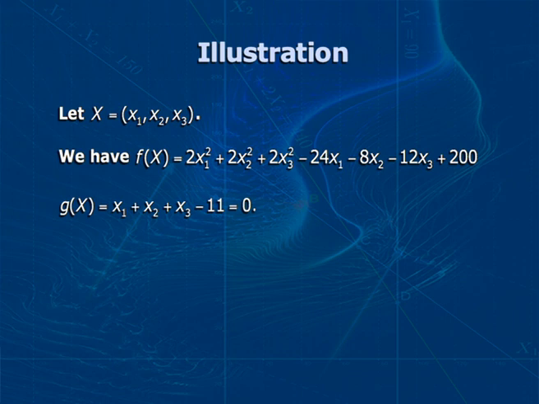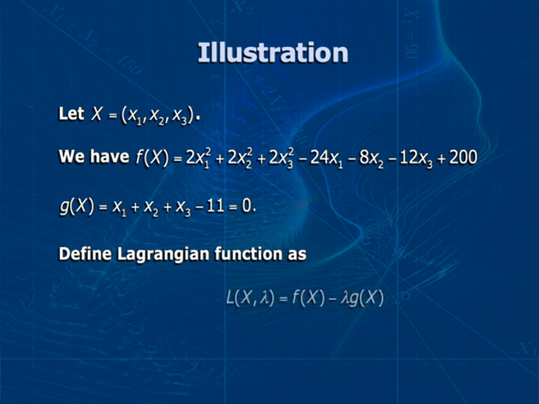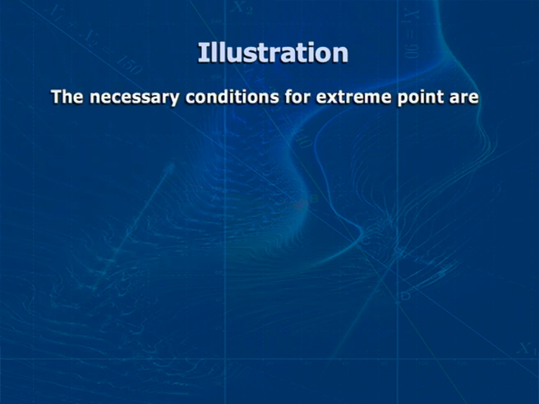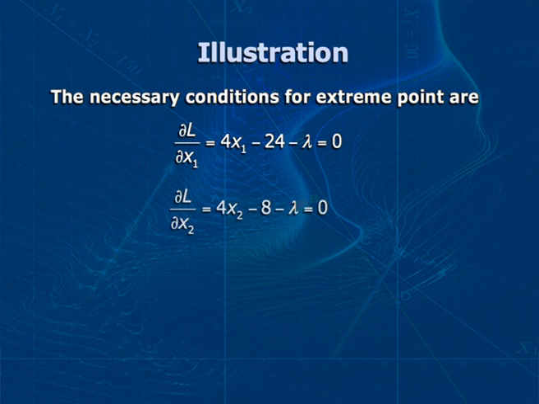is equal to 0. Define the Lagrangian function as L(x, lambda) is equal to f(x) minus lambda g(x). The necessary conditions for extreme point are del L over del x1 is equal to 4x1 minus 24 minus lambda is equal to 0. Del L over del x2 is equal to 4x2 minus 8 minus lambda is equal to 0.